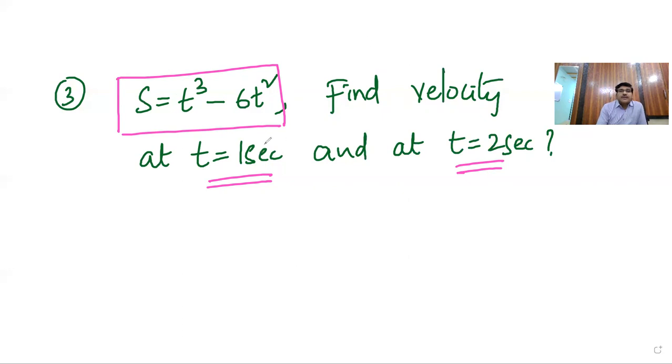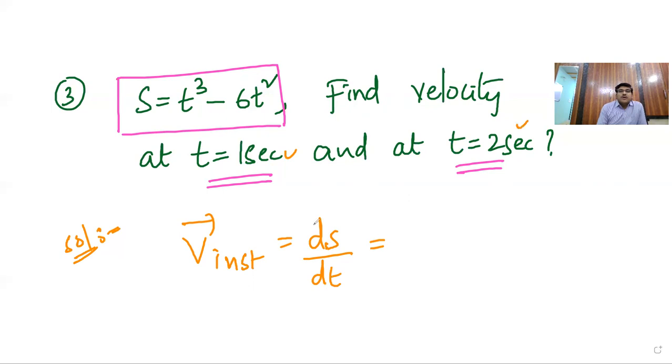V instantaneous is equal to ds by dt, this is the formula, at a particular time. Differentiate this. So 3t square minus 6 into 2t, so this becomes 3t square minus 12t.